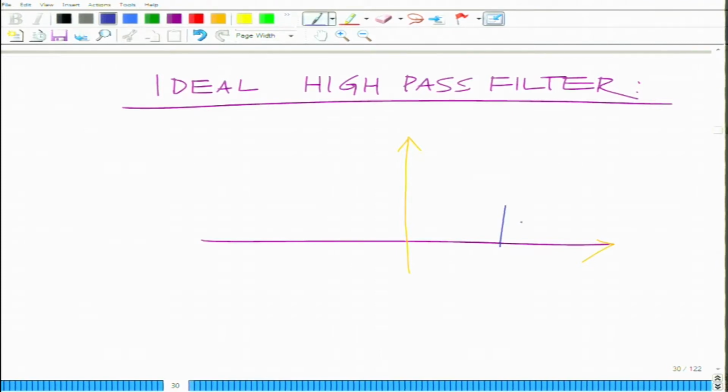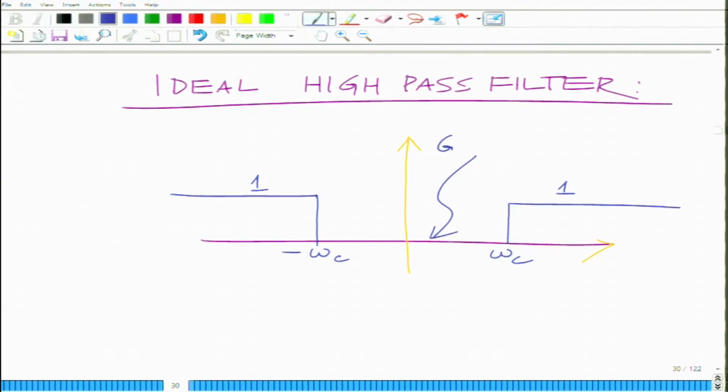So, instead of blocking frequencies greater than a cutoff frequency omega c, you allow the frequencies greater than omega c to pass. The gain is 1 for frequencies greater than omega c or less than minus omega c, and in the band minus omega c to omega c the gain is 0.